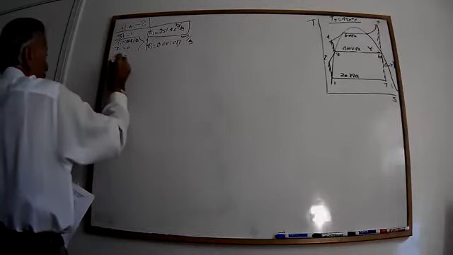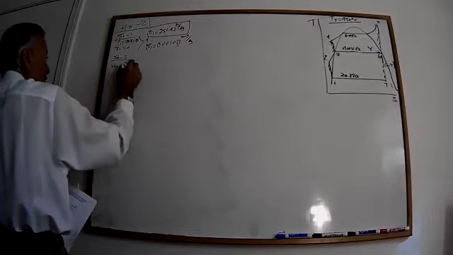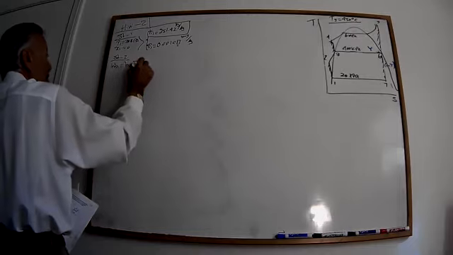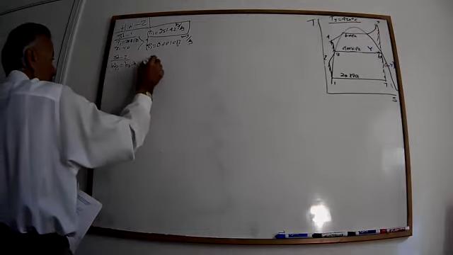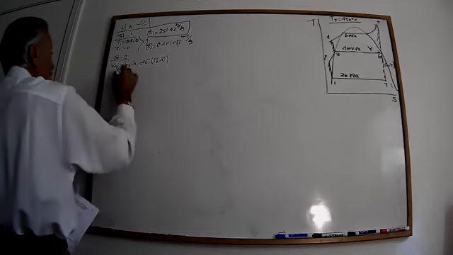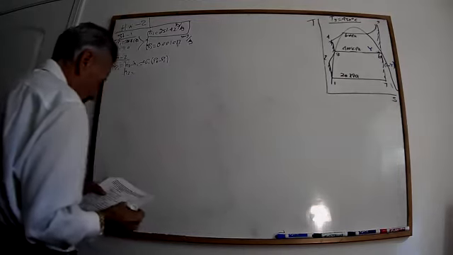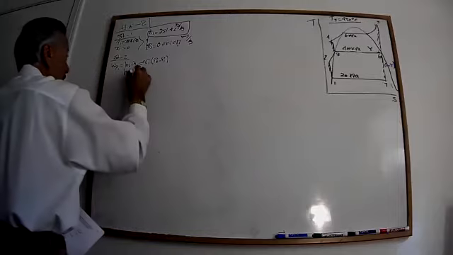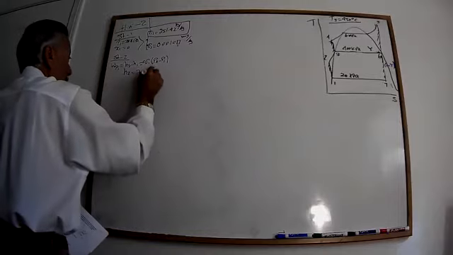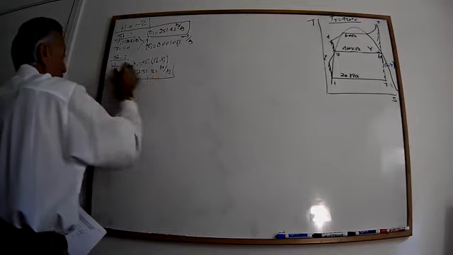And in state 2, we have work of pump 1, which is H2 minus H1, the same as V1 times P2 minus P1. Once we plug the numbers in, we find the value of H2 to be 251.81 kilojoule per kilogram.